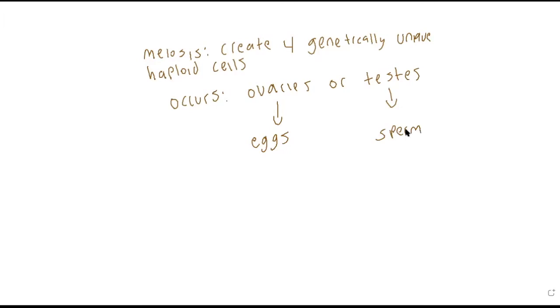And these structures, they're called gametes. So eggs and sperm are called gametes. All right. Now, once again, let me go ahead and draw some chromosomes.